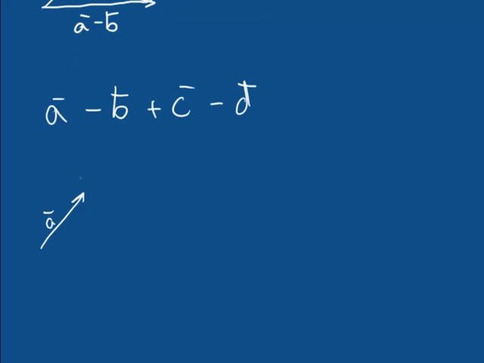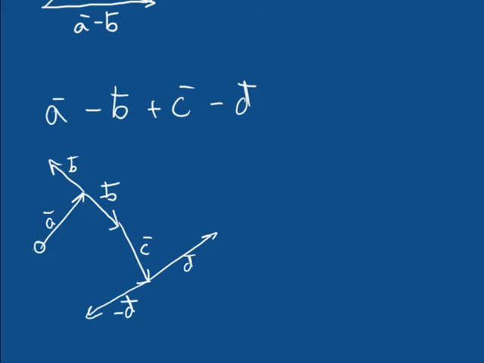If this was A and this was B, then we'd travel down minus B. Then perhaps this was C, going off in this direction, and perhaps this was D, but we're traveling in minus D, so we travel down this way. In the exact same way, from the start of our chain to the end of the chain, that vector, we could call this E, is the equivalent of our equation here.